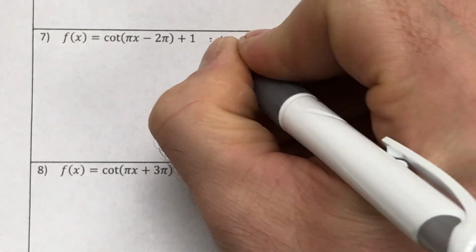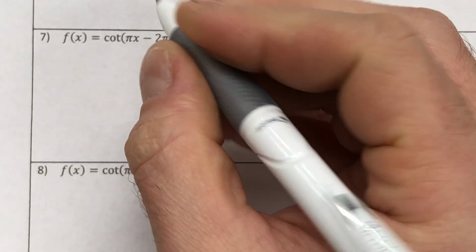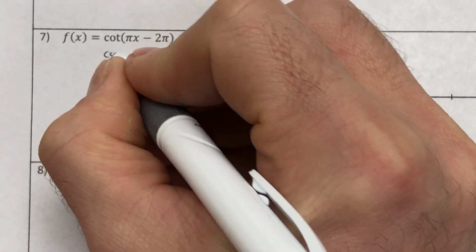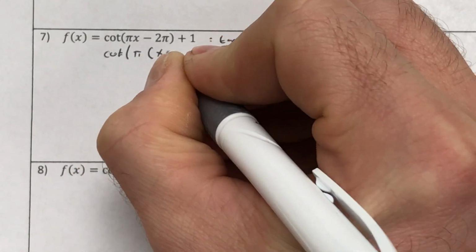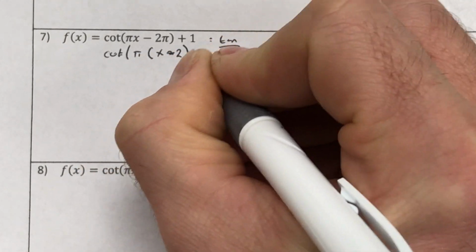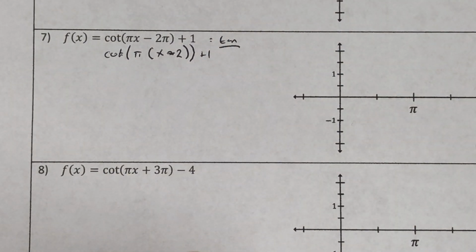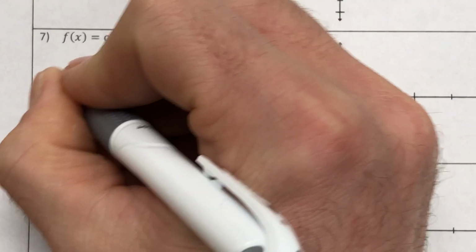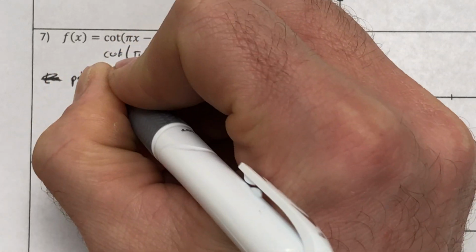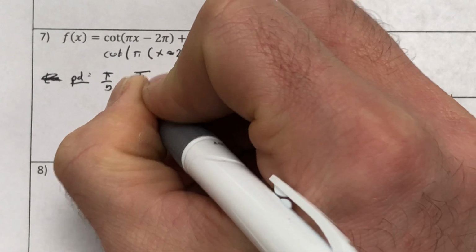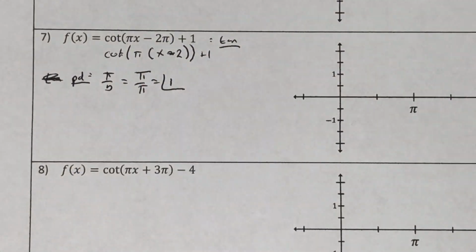So this is paired up with a tangent function. With the tangent function, I'm going to pull out this pi, which will leave me with an x minus 2 plus 1. Okay. So if tangent normally has a period of pi over b, pi over pi is going to give me a period of 1.